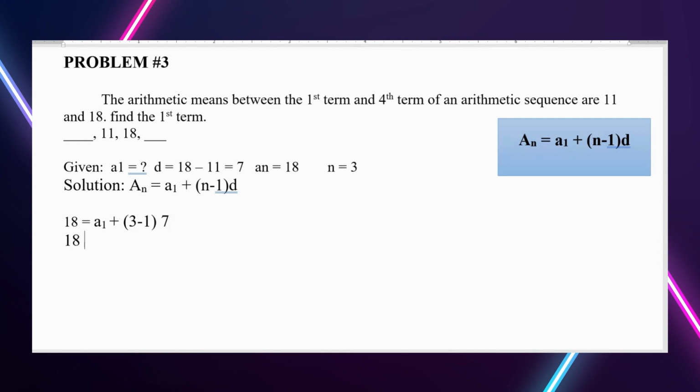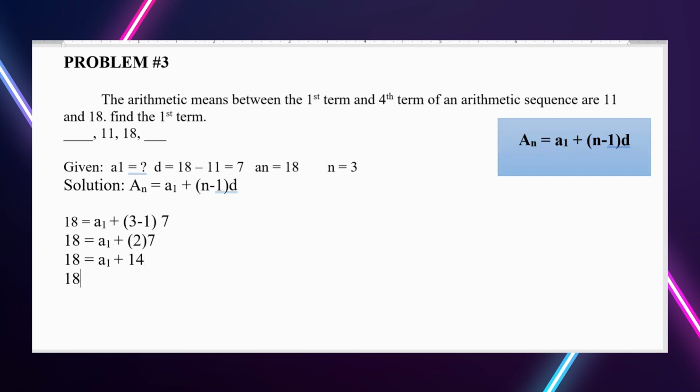So 18 is equal to a sub 1 plus 3 minus 1 is 2 times 7. So 18 is equal to a sub 1 plus 14.